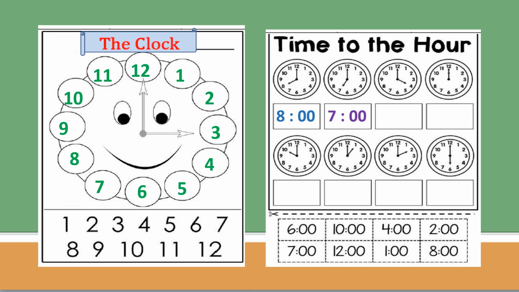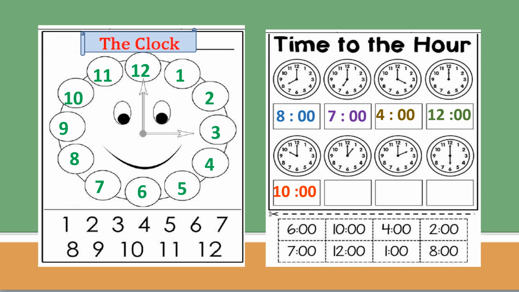It means 4, 0, 0, 4 for hours, 00 for minutes. Here, the long hand and the short hand point to 12. So it means 12, 0, 0. Here, the short hand points to 10 and the long hand points to 12. It means 10, 0, 0.